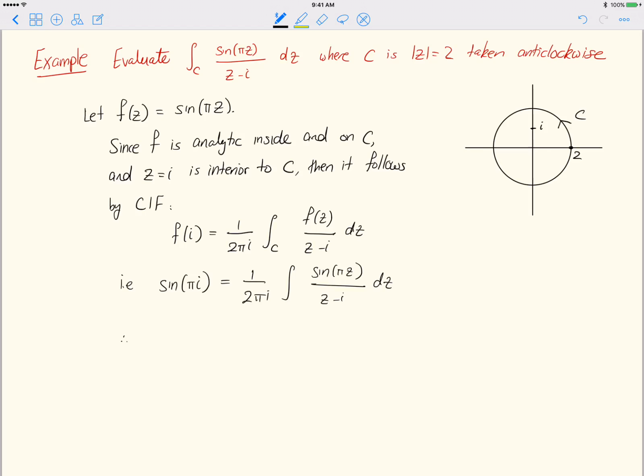Therefore this integral is going to equal 2 pi i times sine of pi i. How do you evaluate sine of pi i? You've got to use the definition. Remember, what was the definition of sine of z? Sine of z was equal to e to the iz minus e to the negative iz on 2i.